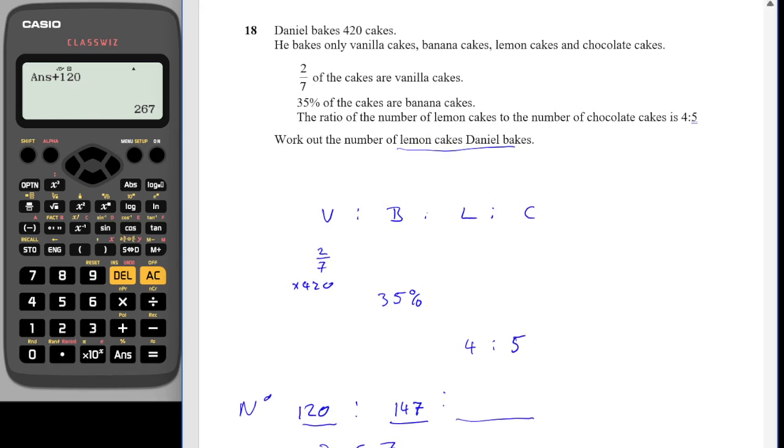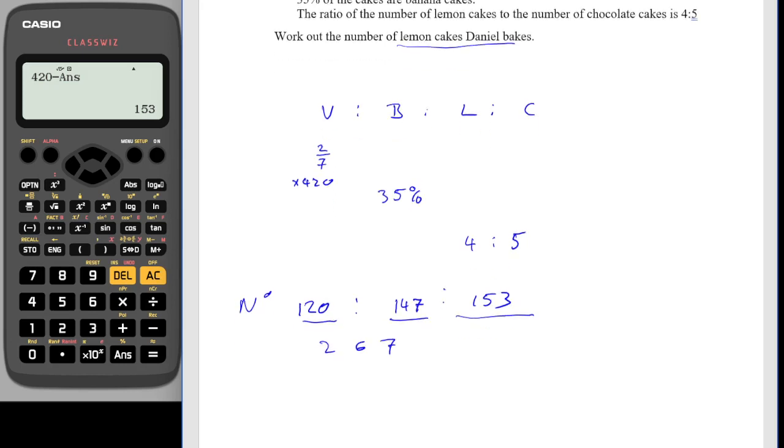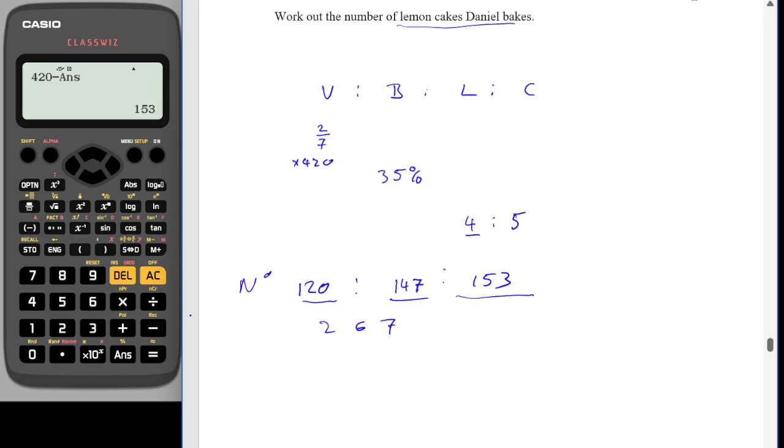So that means that the lemon and chocolate is going to be 420 minus that. So we've got 153 of those lemon or chocolate, and if that's the ratio of 4 to 5, we're splitting that between them.